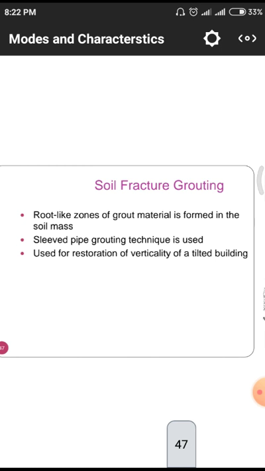Due to those conditions we observe these root-like zones, and a sleeved pipe grouting technique is used. Sleeved pipe means, after that we have a diagram. In this diagram we have to observe what a sleeved pipe grouting technique is, and it is used for restoration of verticality of a tilted building.